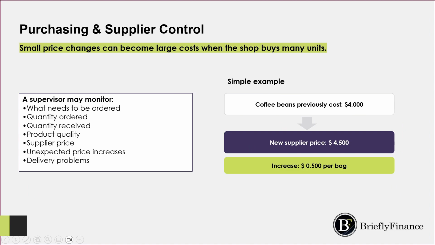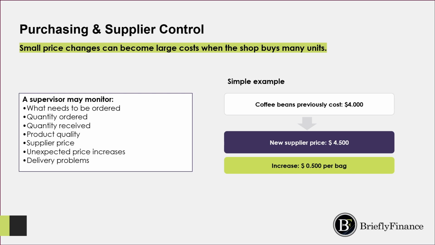So when it comes to purchasing and supplier control, a supervisor would want to check the quantities that the company ordered against the amount that they actually received, because your job is to supervise and make sure that things are being delivered properly in terms of quantity, in terms of quality, if there was any delivery issue, and also the pricing.